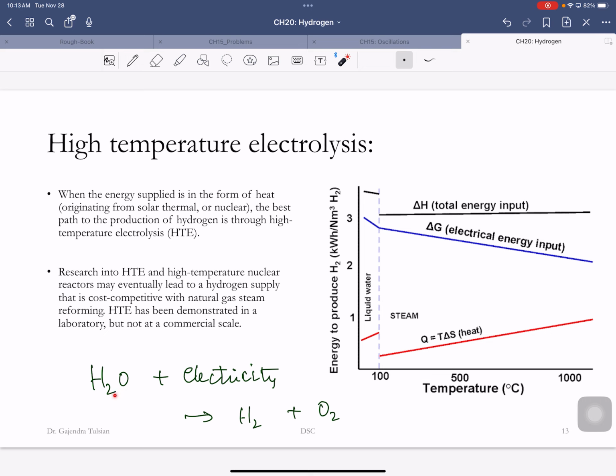You can take water, put in electricity, and split it into hydrogen and oxygen. This is electrolysis. And you've stored this energy in here. What we're going to talk about is high temperature electrolysis. If this water is hot or if this is steam, then you need less electricity to produce hydrogen.